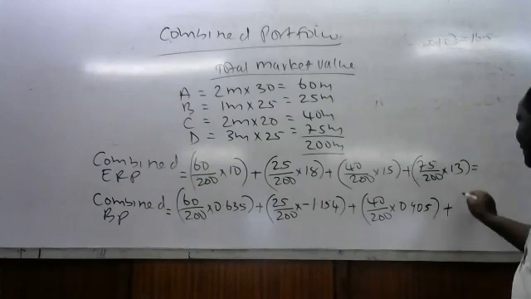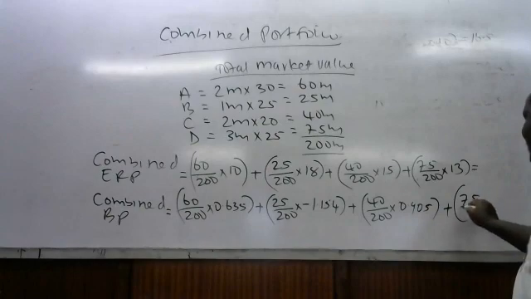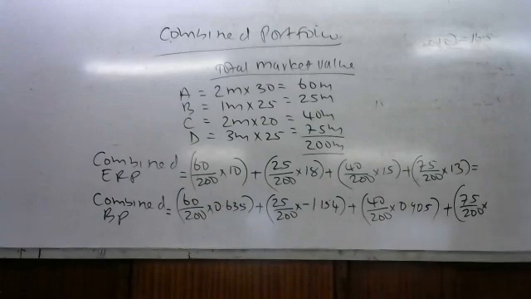Okay. Then the last one is 75, also divided by 200. Negative what? 0.858. Negative.